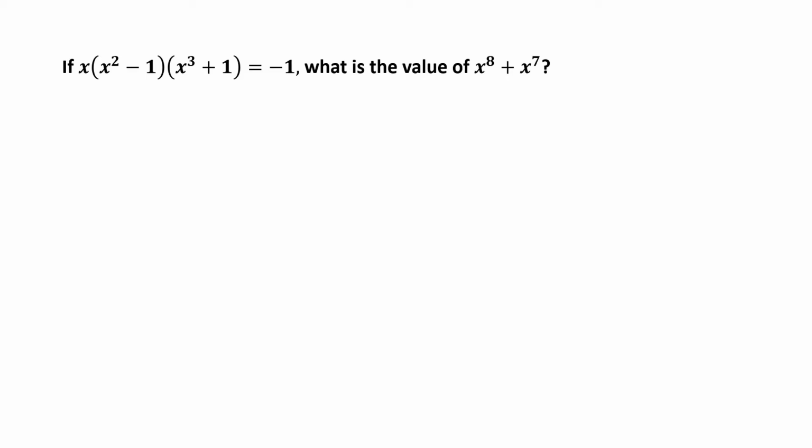Now, the equation that we are given in terms of x involves high exponents like 5 or 6, which is really difficult to solve if you're considering obtaining a value for x from what's given, and then substituting that in the expression that you're asked to evaluate, which also involves these higher powers, x to the power 8 plus x to the power 7.